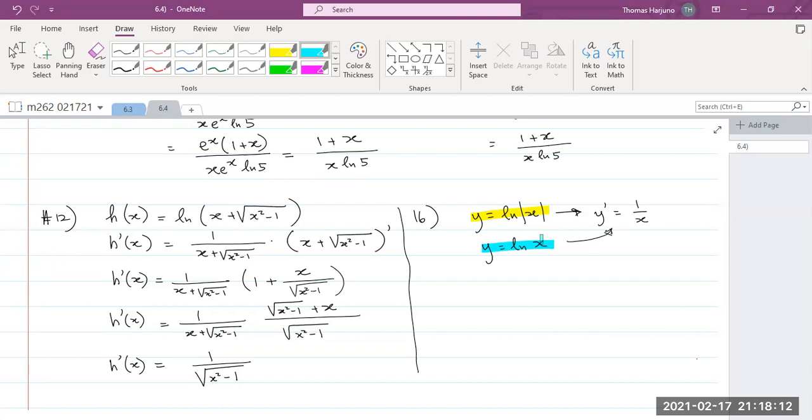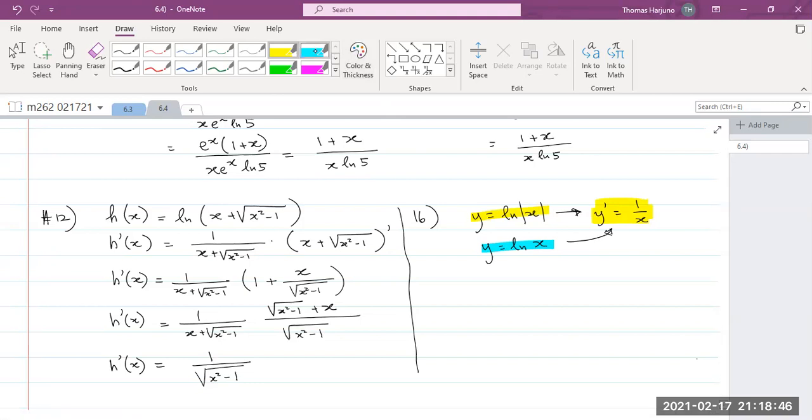The absolute value would allow you to have a negative value for x. That's right. So basically the difference is with the domain. The domain of the blue one is only positive x. For the yellow one, positive or negative x are okay except 0. The derivative of the yellow one applies for x positive or negative.